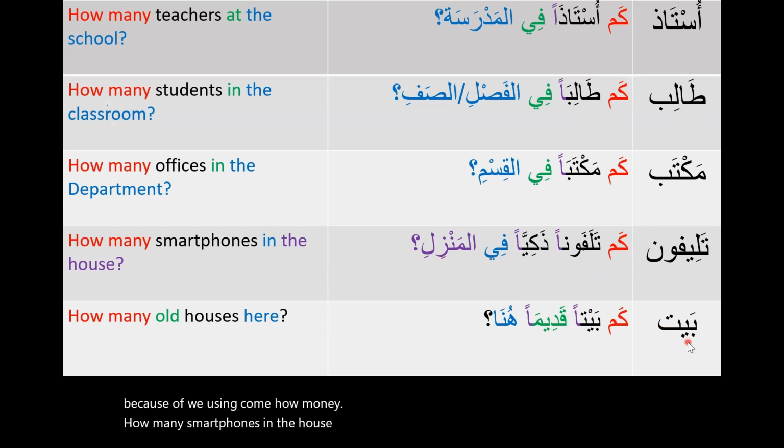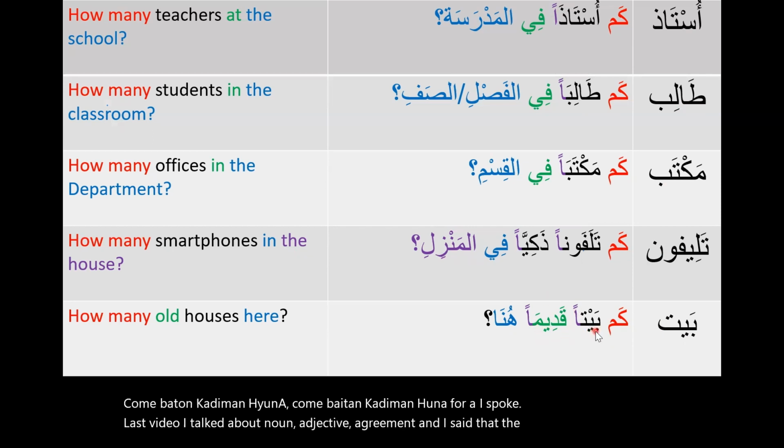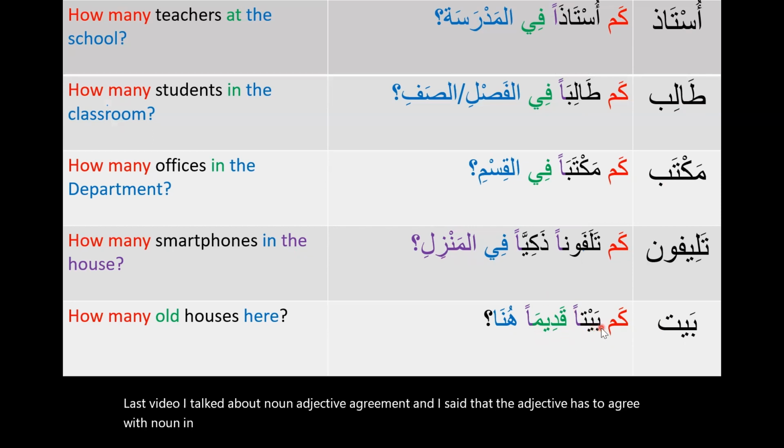بيت. كم بيتا قديما هنا. In the last video, I talked about noun-adjective agreement, and I said that the adjective has to agree with the noun in terms of gender, number, case, and definiteness or indefiniteness.